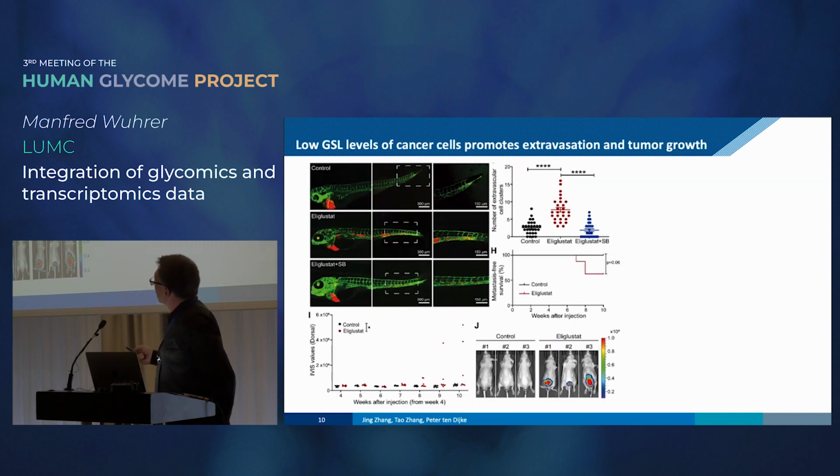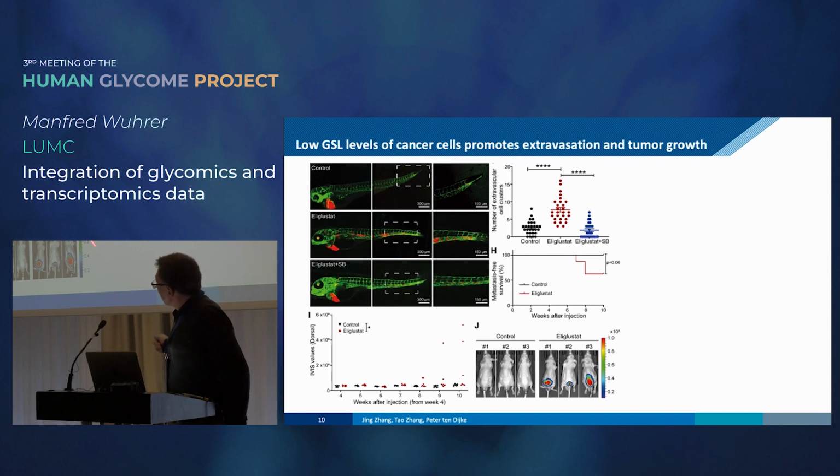We also moved into animal models, mouse models. The data was not that clear, but in the end, what we showed in the mouse model is, to a certain extent, inhibition of ganglioside synthesis in these cancer cells led to more tumor growth. So again, a bad outcome if you inhibit A-series ganglioside synthesis.